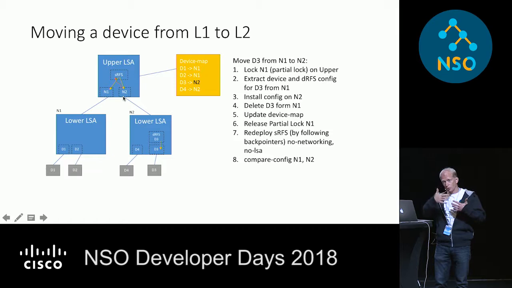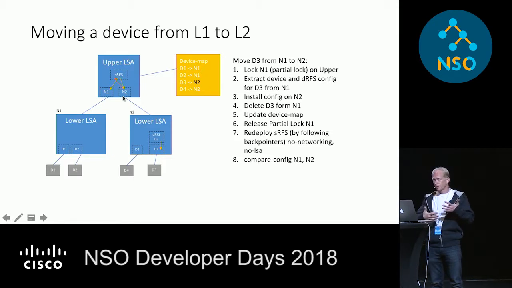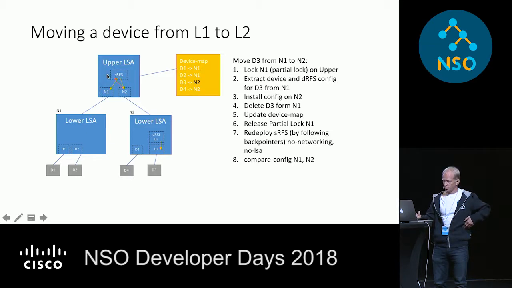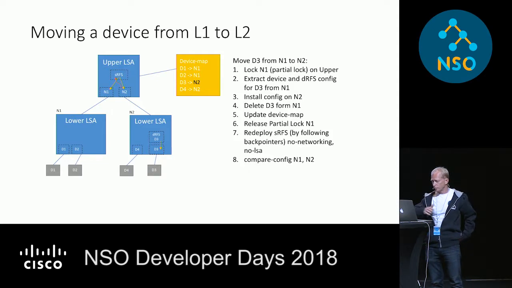So we do a local redeploy on just those services, commit them without pushing anything to the network, and then we do a compare config of the two lower nodes, and that is just to bring the upper node into sync. It has already seen all the changes, but we want to bring them in sync. So with that operation, we have sort of moved the device, and this is automated as an action in the example.